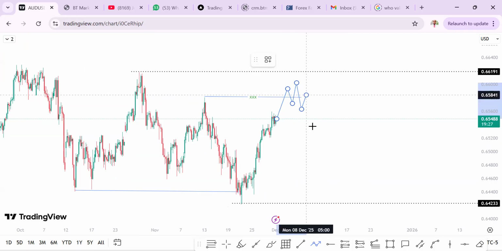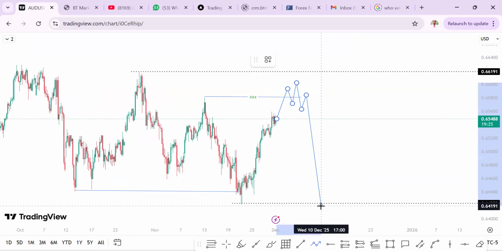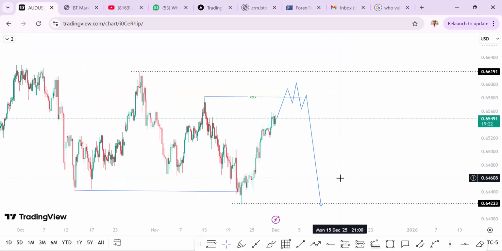Then this will be what we can look for a sell on AUD/USD. So this is for all to sell AUD/USD. I think this will be very good information for us to sell AUD/USD.